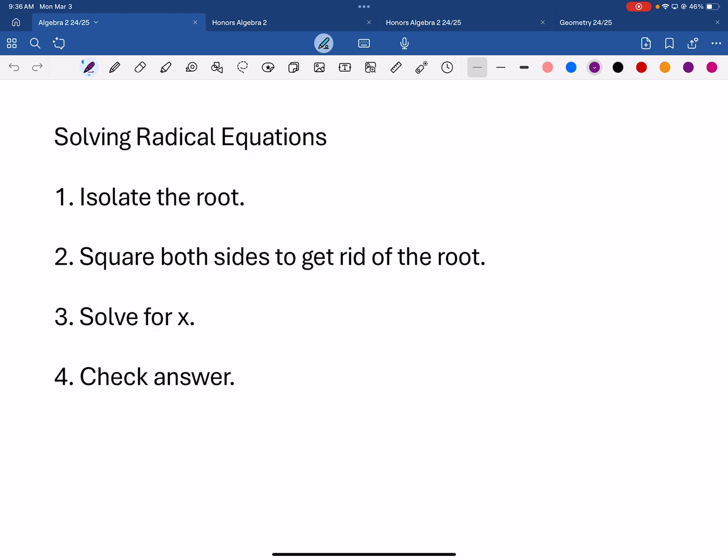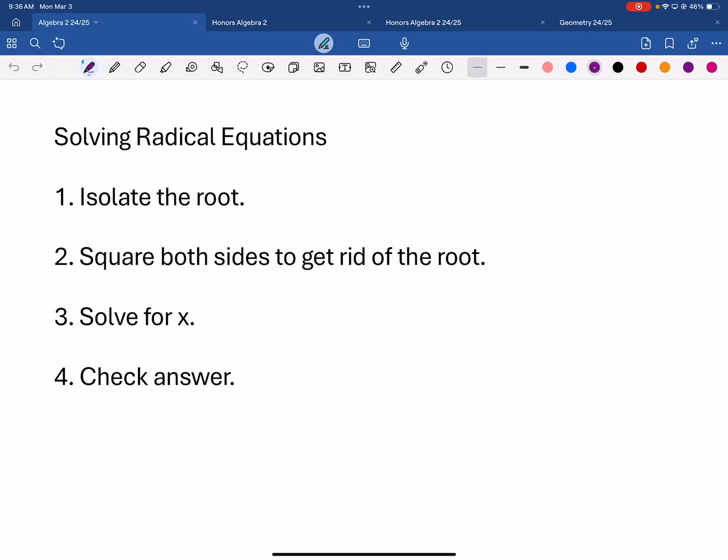Once you've isolated that root, the next thing you need to do is, if it's squared, square both sides to get rid of the root. If it's the cube root, you need to cube it. If it's the fourth root, you need to take it to the fourth power, and so on.